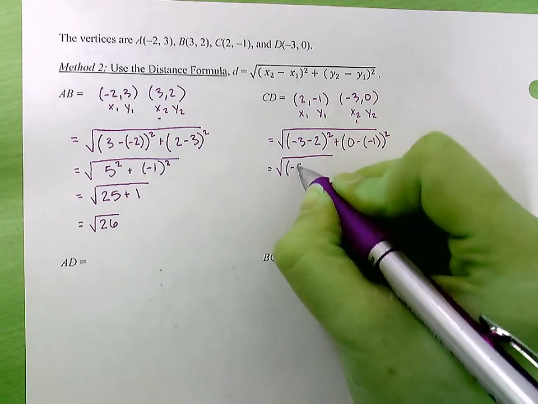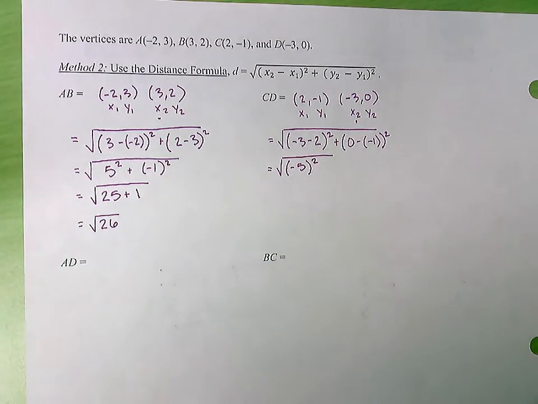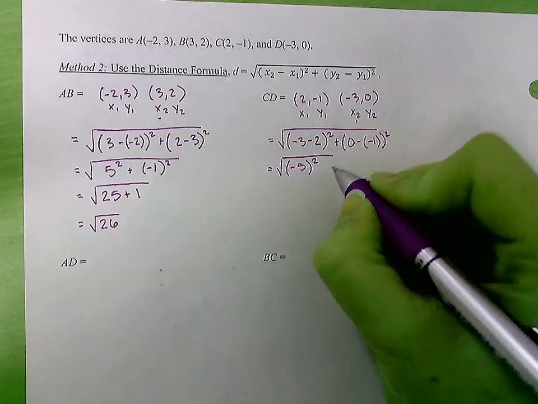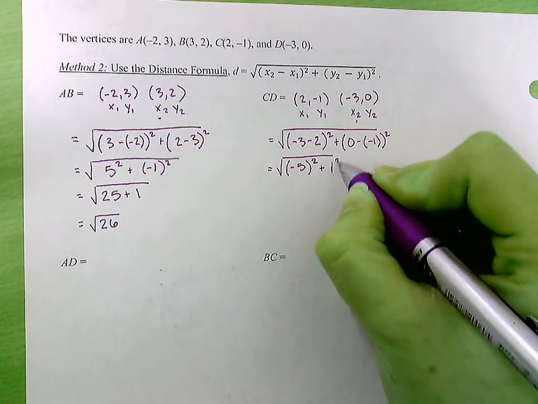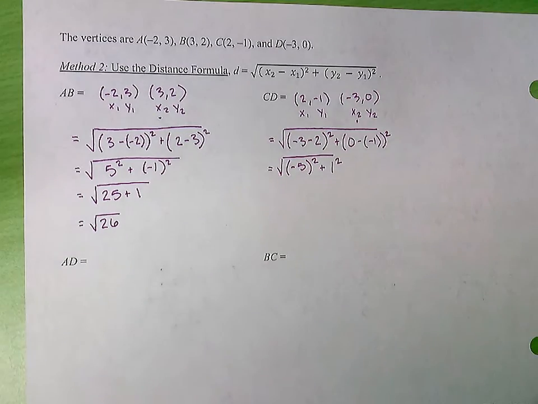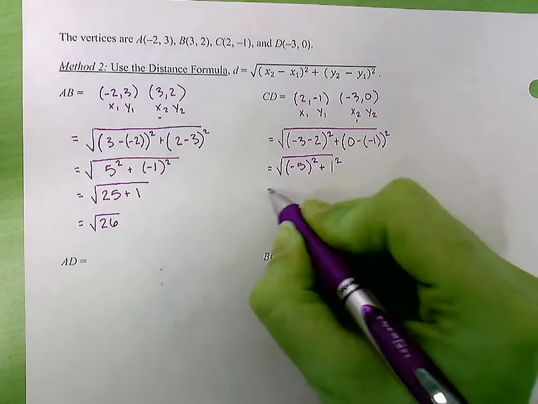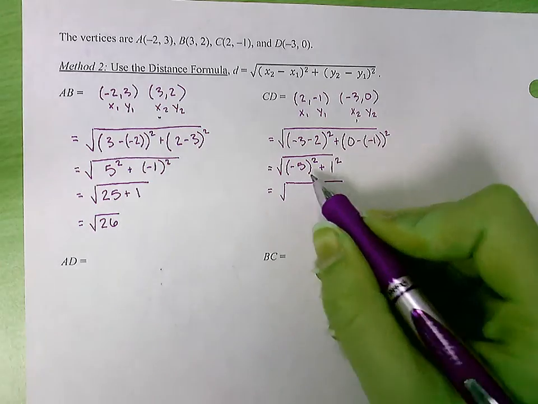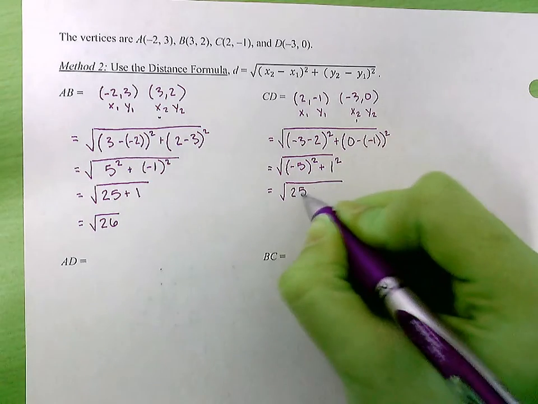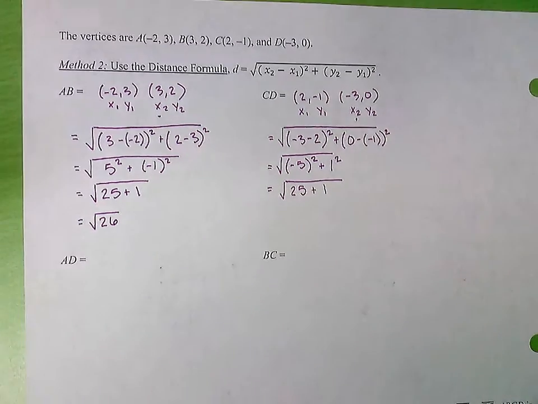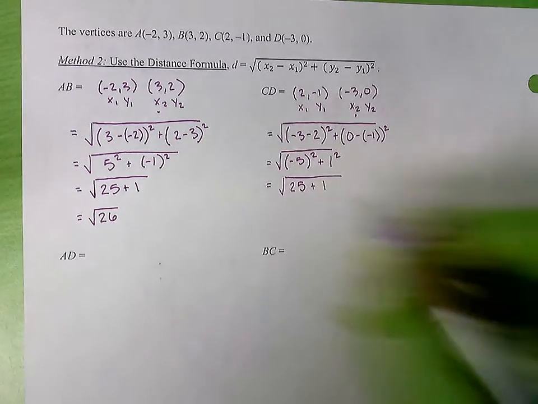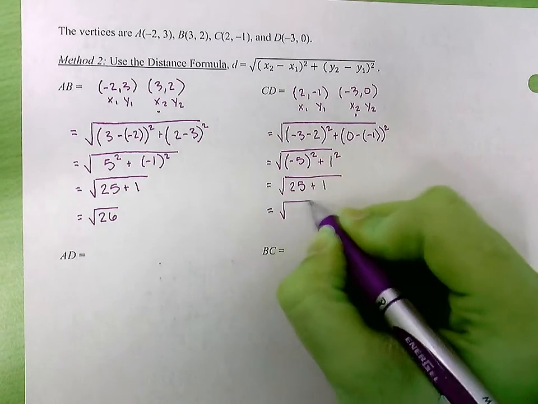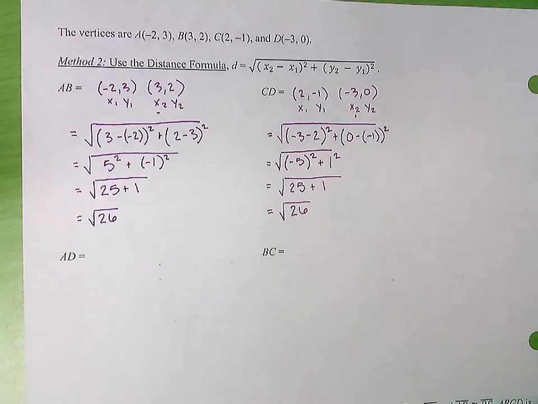So I'll end up with -5 squared plus 1 squared. I want to square both of those terms, so I have 25 plus 1, which is the square root of 26.